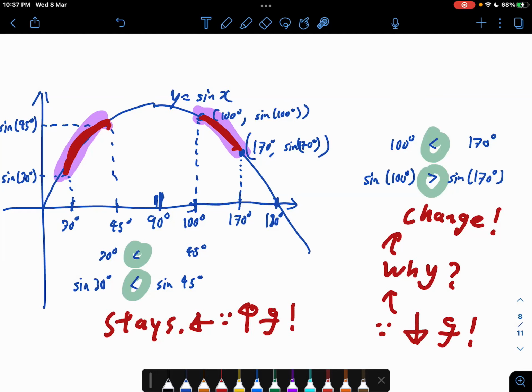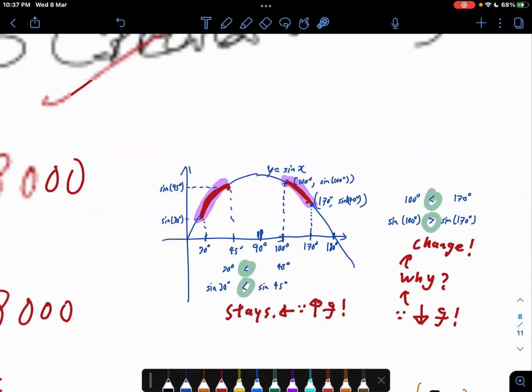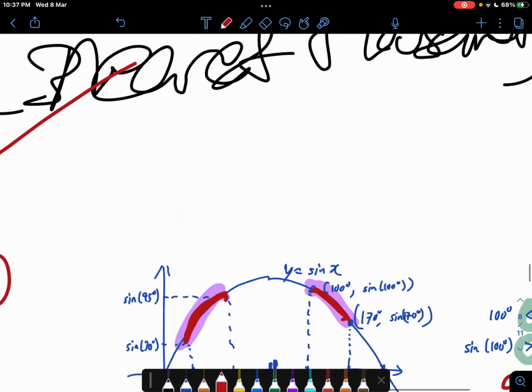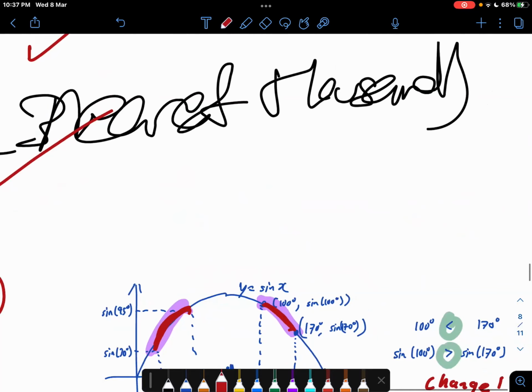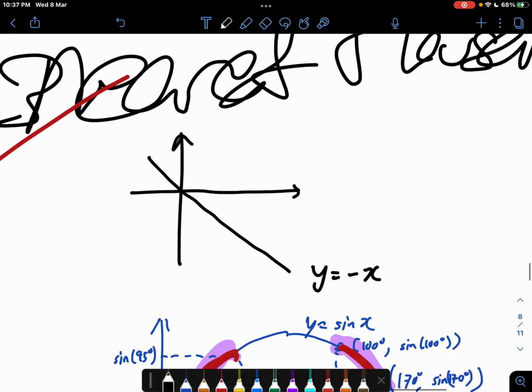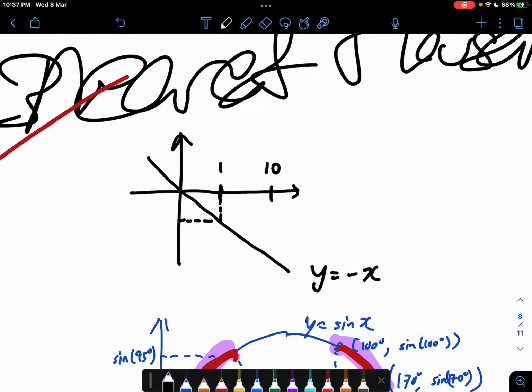So when we teach you to multiply by -1, you need to flip the direction. You can actually think of it like this. There is a y equal -x function. Let's say this is 1, this is 10. What's the corresponding y coordinate if you have x equal to 1? Sub x equal to 1, you get -1.